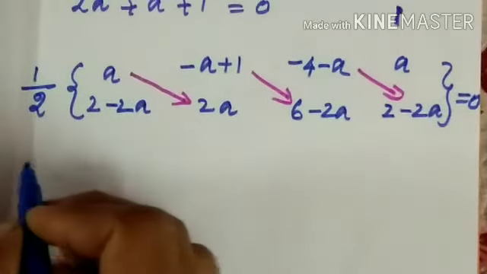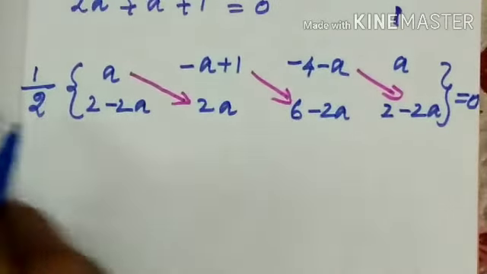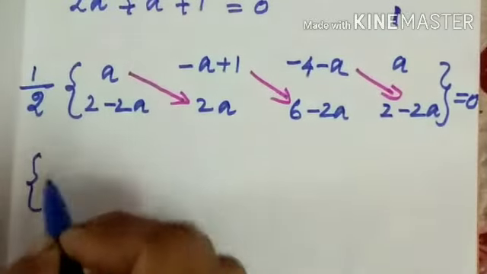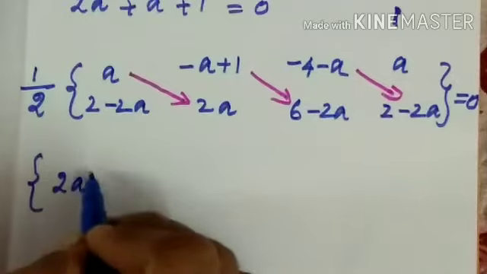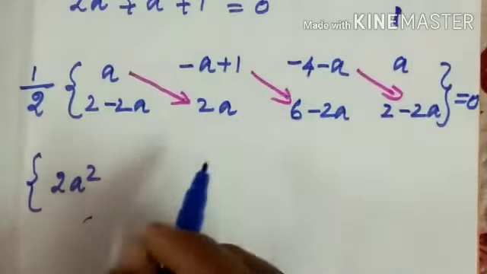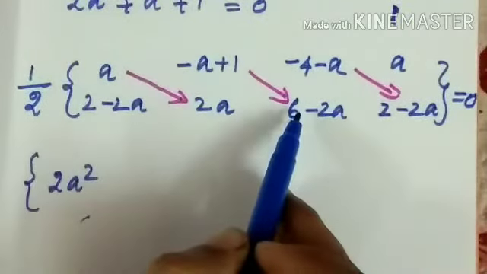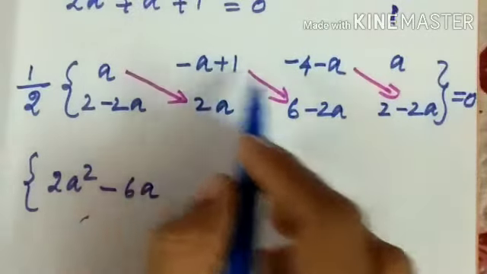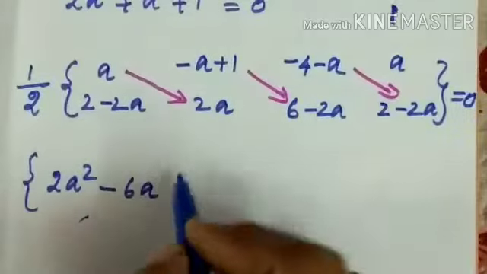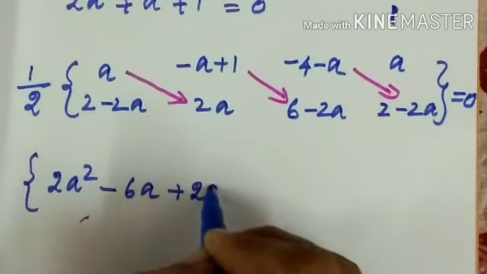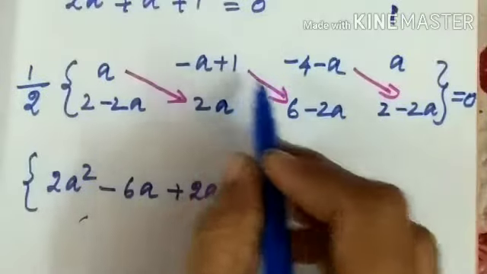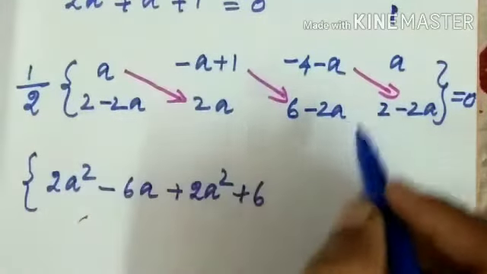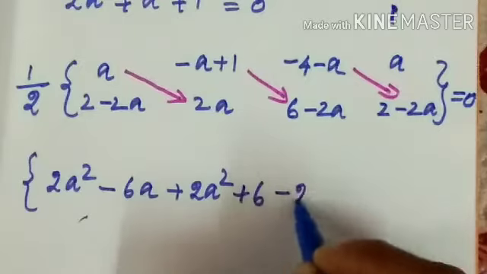Then we get a into 2a, 2a squared, then minus a into 6, minus 6a, minus a into minus 2a, plus 2a squared, plus 1 into 6, plus 6, plus 1 into minus 2a, minus 2a.